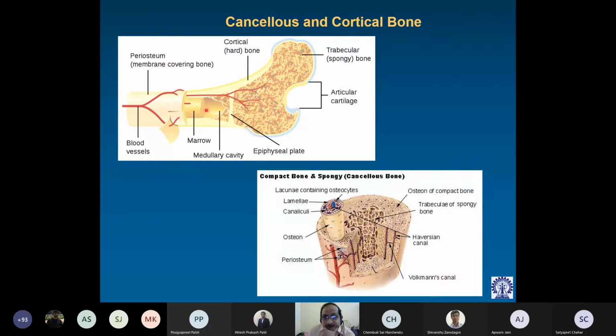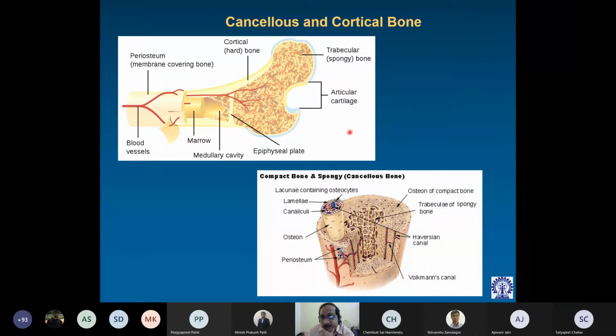And what is noticeable is the cancellous bone structure is more towards the epiphysis of the femur bone. As you move towards the shaft, it is more dominated by thick, solid cortical bone. Inside the medullary cavity, you have the bone marrow.